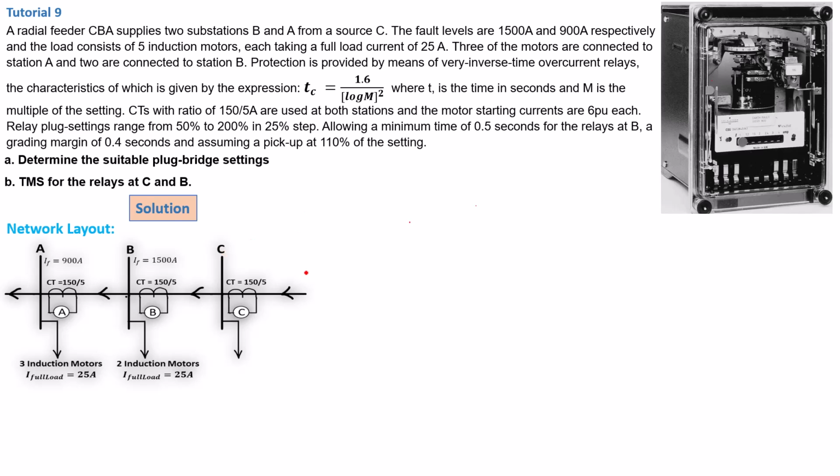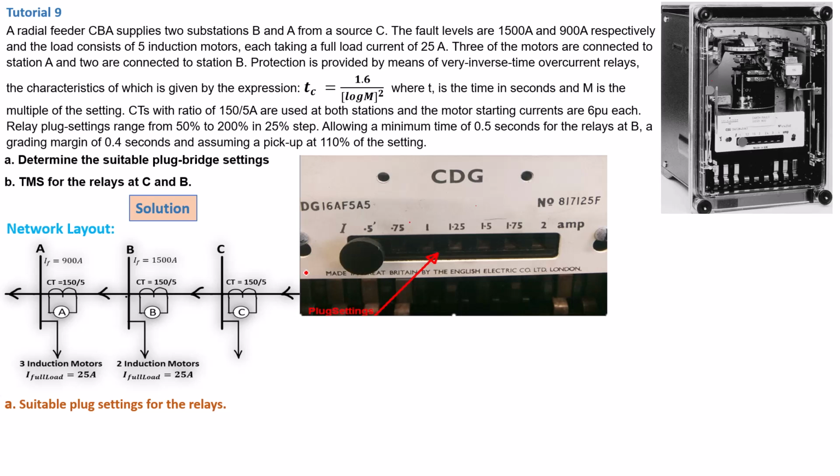Now we can actually start solving by calculating the suitable plug settings for the relays. Now the plug settings, if you walk into a substation or into a network installation where you've got this IDMT relay, if you look at it closely, you're going to see something that looks like this. This is basically the plug bridge.